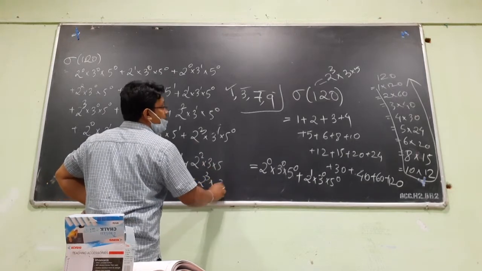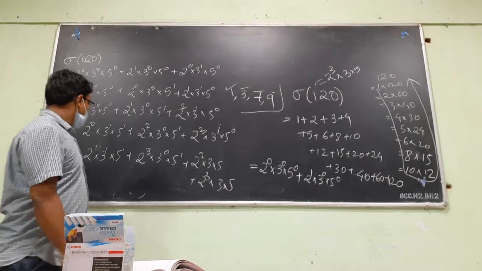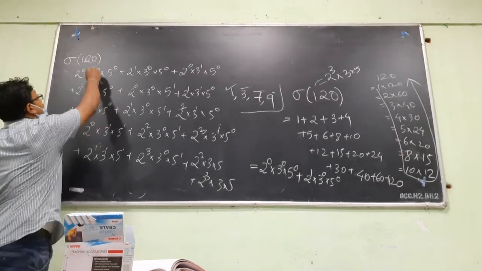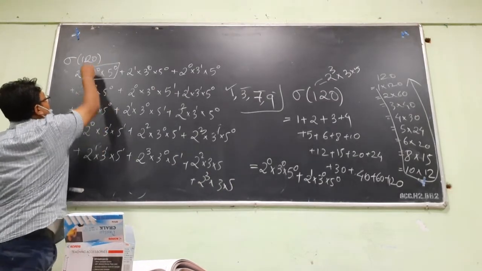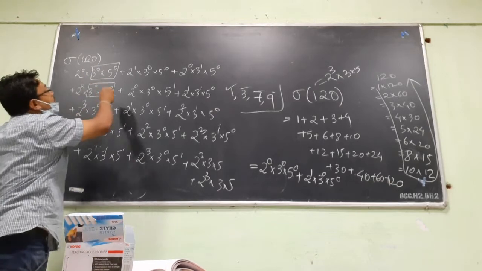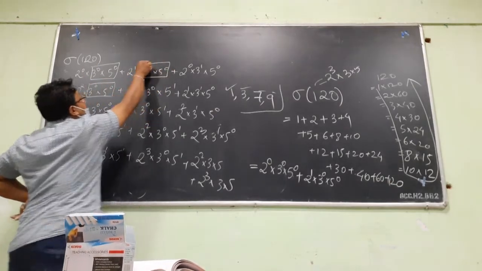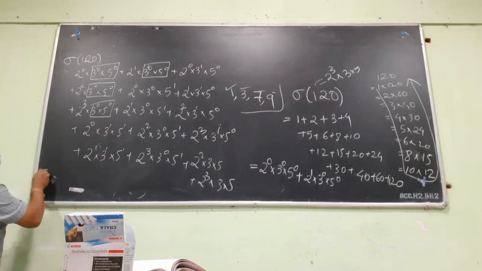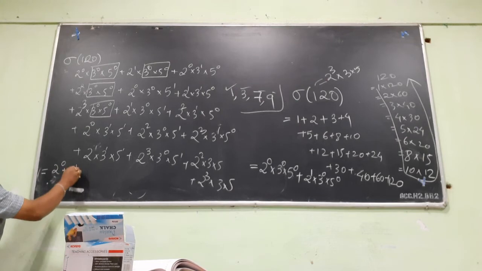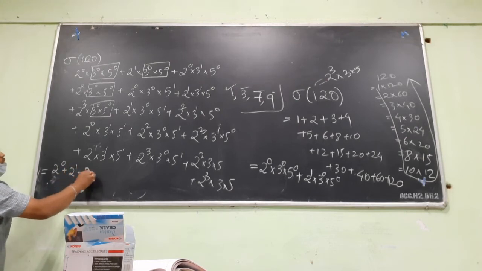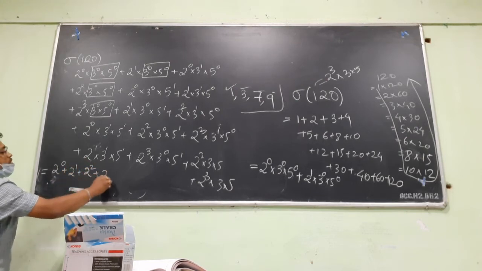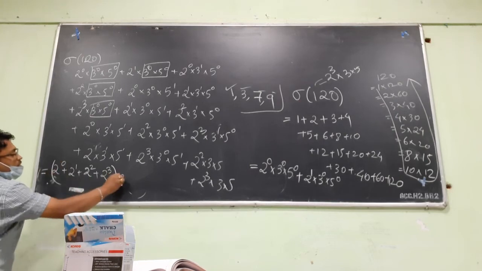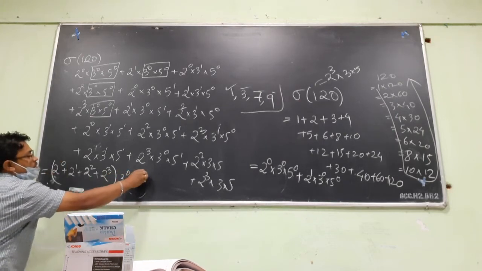Okay, so now you try to combine it. 3 to the power 0, 5 to the power 0, this term, this term, this term, another term. If I combine all this, I will get 2 to the power 0 plus 2 to the power 1 plus 2 to the power 2 plus 2 to the power 3 multiplied with 3 to the power 0 into 5 to the power 0.